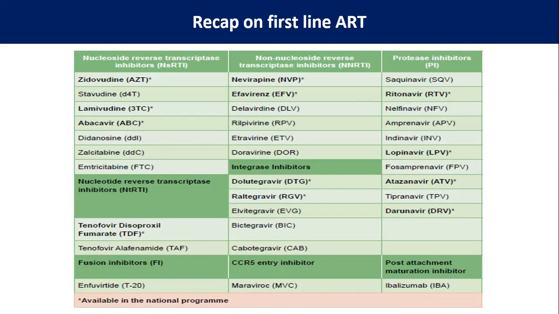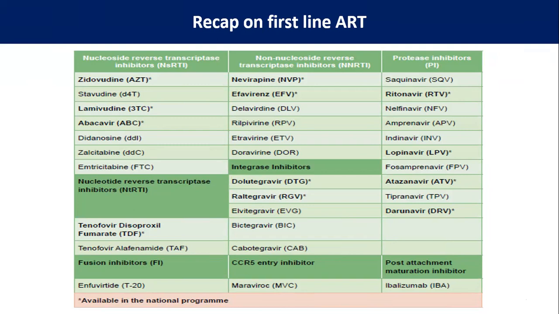TDF is available under the program, but TAF is available in the market, not in the program. Fusion inhibitor and CCR5 entry inhibitor are not available under the program. In the NNRTI, we have nevirapine and efavirenz, which are also being phased out gradually. And integrase inhibitors, we have dolutegravir and raltegravir.